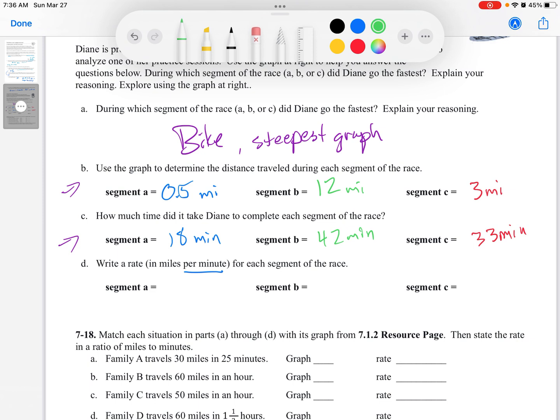In 1 minute, so I really have to take that 0.5 miles and divide it by 18. I don't need the miles in here. Divide it by 18. In this case, let's just use a calculator. So we're doing 0.5 divided by 18.